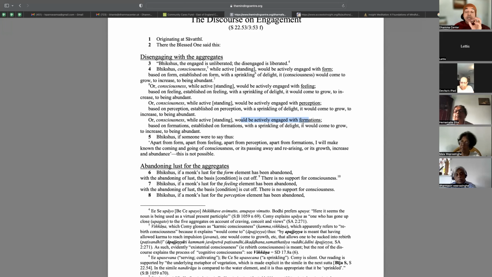Why? Because formations and consciousness, even to a person who really does not understand the theory of it, who hasn't maybe done Abhidhamma, right? It's a bit confusing, isn't it? What are the mental factors or the mental formations, and what is consciousness? To a person who hasn't studied it, it is rather confusing.